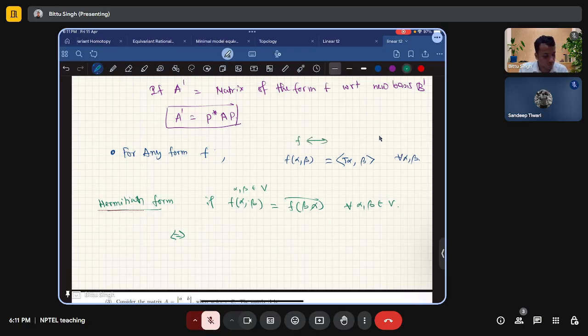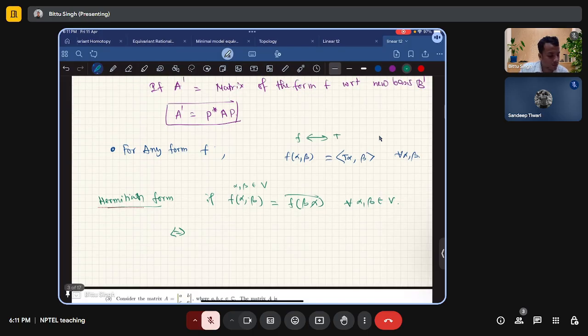This result says a form arises from a linear transformation. So there is a one-to-one correspondence, and moreover, this correspondence is actually a linear isomorphism. This is an important result.